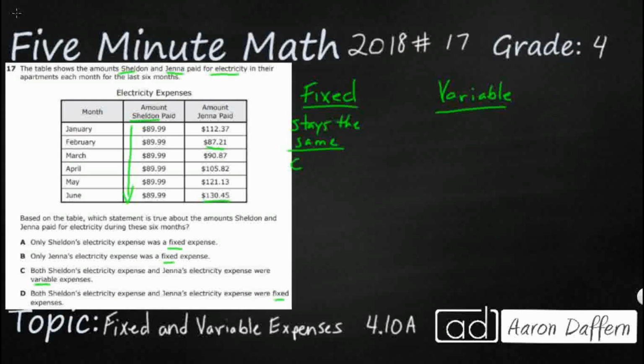So I'll put down another synonym here, constant. For example, there are many adults that have car payments. Most car payments are going to be fixed expenses, because what you do is you take the total amount of the car.